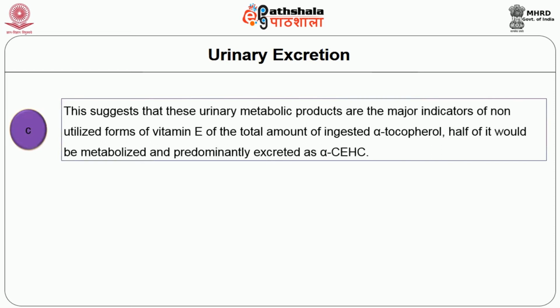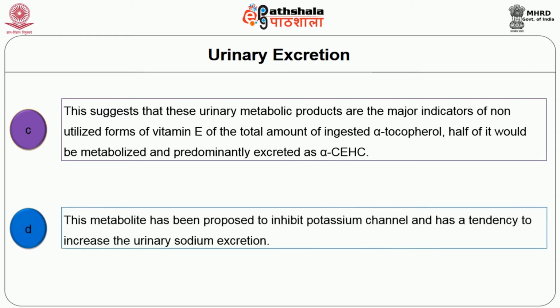This suggests that these urinary metabolic products are the major indicators of non-utilized forms of vitamin E. Of the total amount of ingested alpha tocopherol, half of it would be metabolized and predominantly excreted as alpha CEHC. This metabolite has been proposed to inhibit potassium channel and has a tendency to increase the urinary sodium excretion.